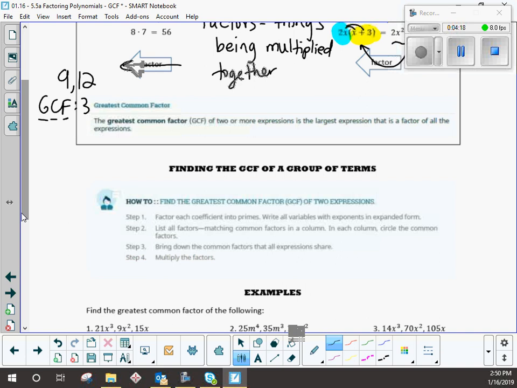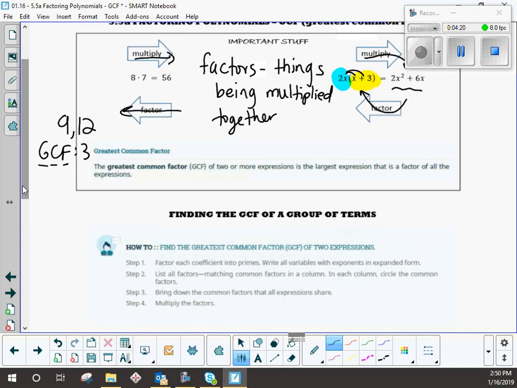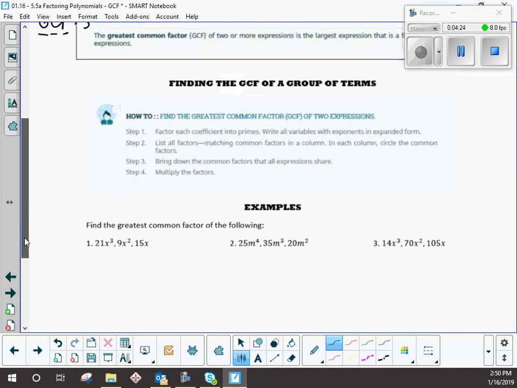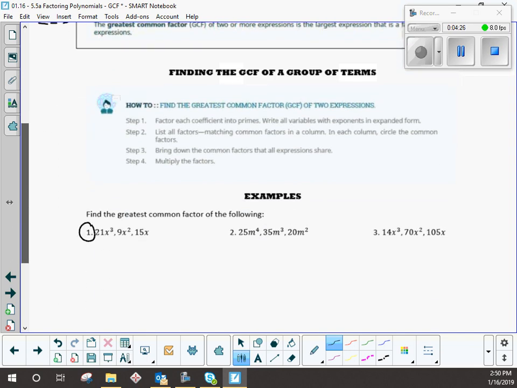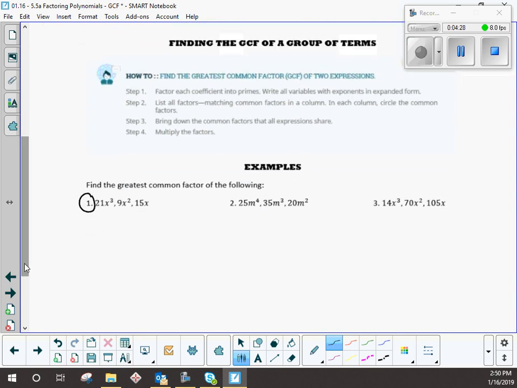So that GCF 3 was just for 9 and 12. And that's great. You know how to do that. But what we're going to do is practice finding the GCF when there's not just numbers, but also variables, right? So in this first example right here, we're going to find the greatest common factor of those 3 terms. And our very first step is to factor each coefficient into primes.